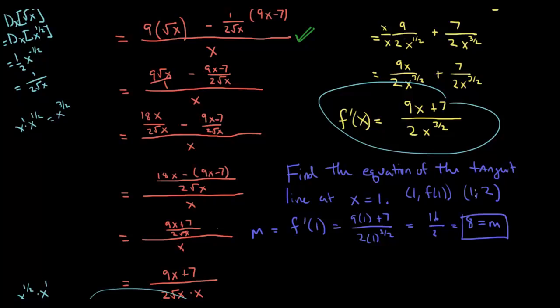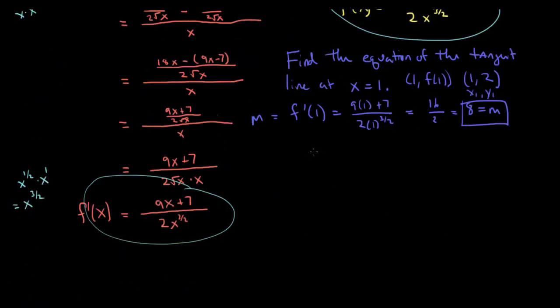So here's my point. We'll label it x1 and y1. And here's my slope. So to write the equation of the tangent line, I simply use point-slope form. Just to refresh your memory, point-slope form is y minus y1 equals m times x minus x1. So plugging in for y1, x1, and m, we can say y minus 2 equals 8 times x minus 1.